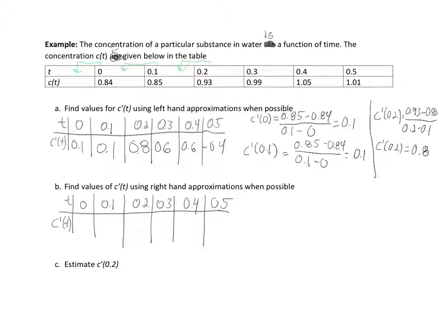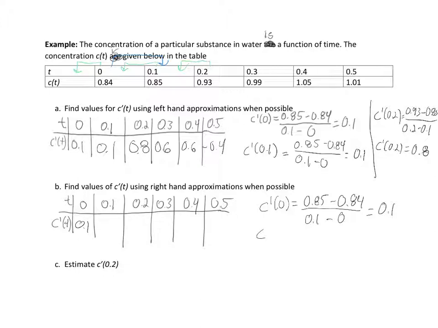Okay, now we're going to try using right-hand approximation. If I was going to estimate the slope for t is 0, then I would actually have to use the value to the right. So doing a right-hand approximation for c prime of 0, I would use 0.85 minus 0.84 over 0.1 minus 0, and that would give me 0.1.